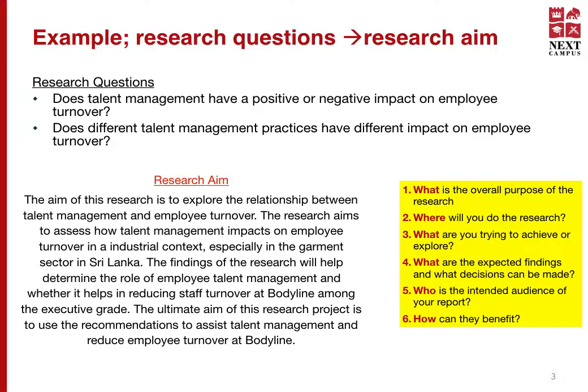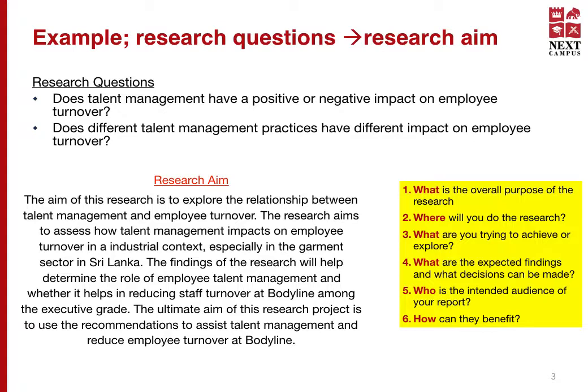And then, who is the intended audience of the report? It's the management of Bodyline. And how can they benefit? They can use these research findings to look at their talent management practices and also how they could reduce employee turnover. So basically, this is what you write in a research aim.